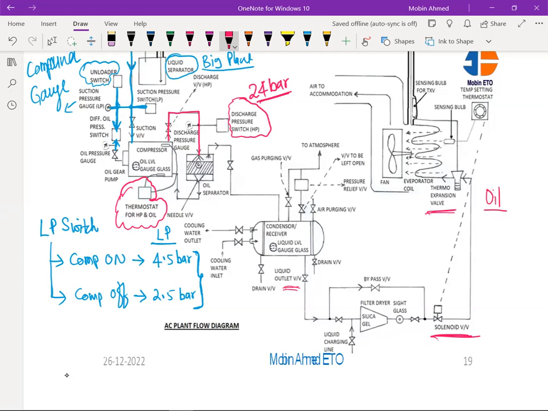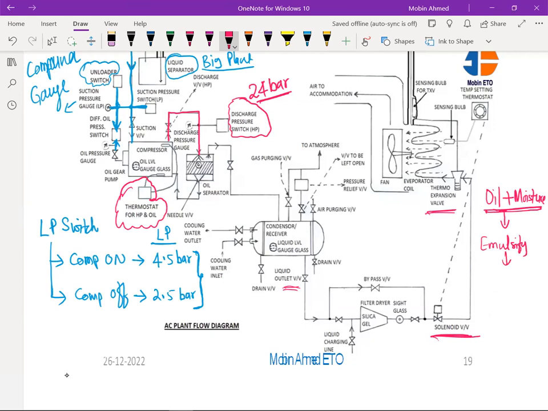Suppose there is moisture in the oil, means if air is inside the plant, moisture also is going to come. And if the moisture and oil both mix, then it is going to emulsify.